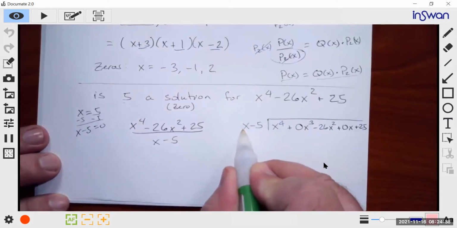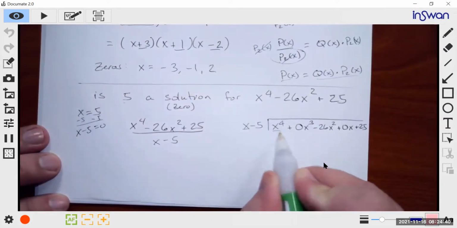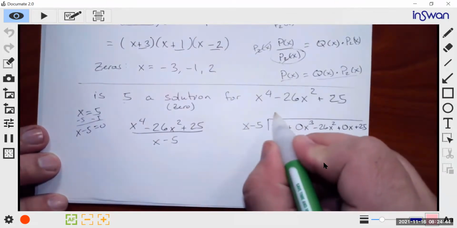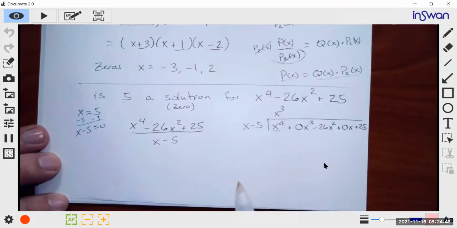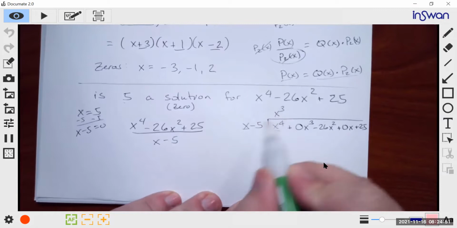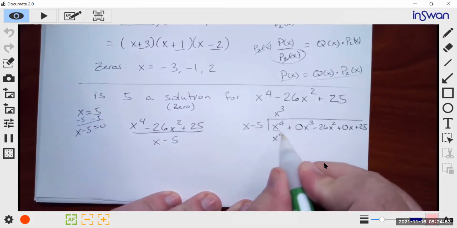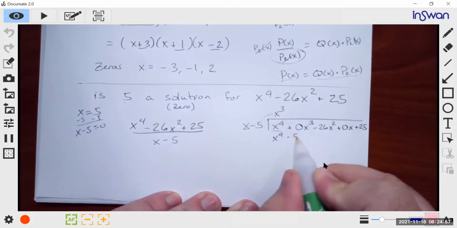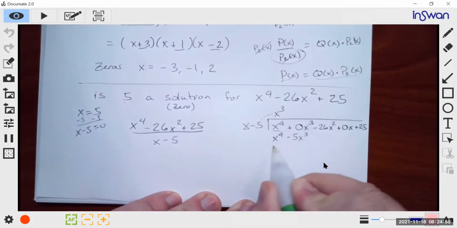Let's begin. What times x gives me x to the 4th? X cubed. Whatever we put there, we now multiply it to both of those. X cubed times x is x to the 4th. X cubed times negative 5 is negative 5x cubed.